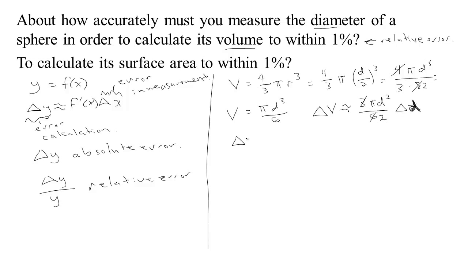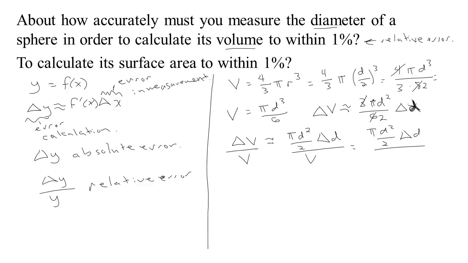So we have change in V is approximately pi d squared over 2 delta d. But we're talking about relative error, right? So we want to find not just the error in the volume, but the error compared to the actual volume. So I'm going to divide both sides of this equation by the volume. Of course, we know how we're getting the volume from d.